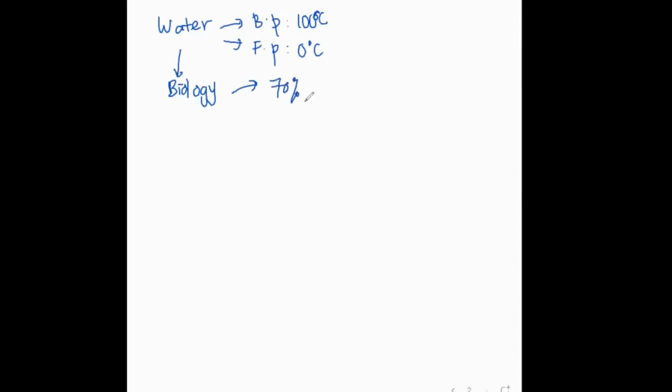70%，你不需要背这个数目啦，是给你们了解罢了。70% of our body is made of water.